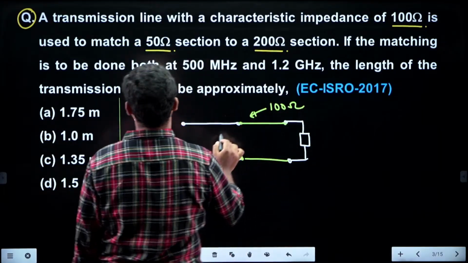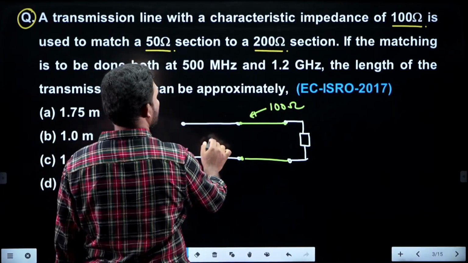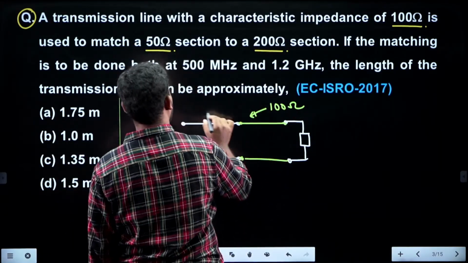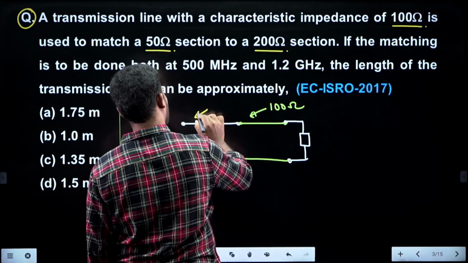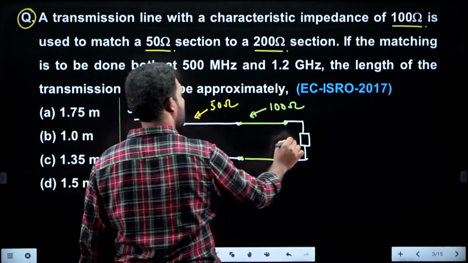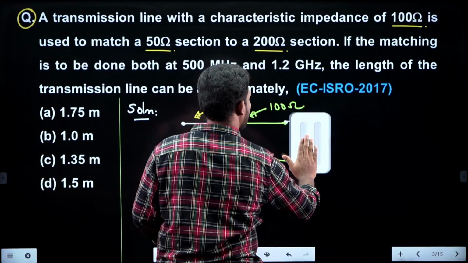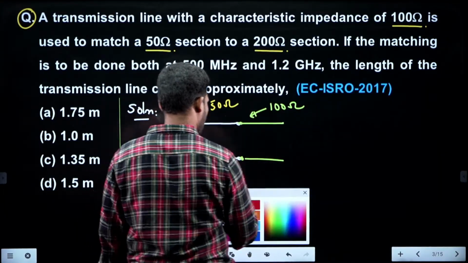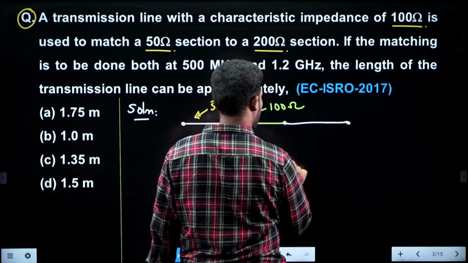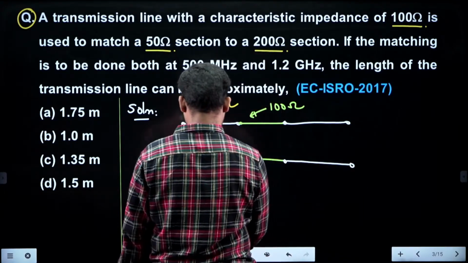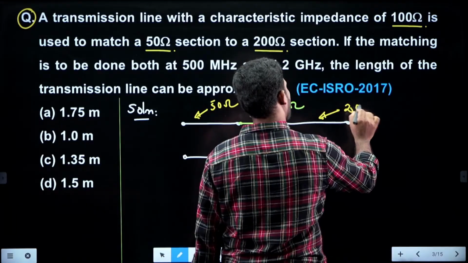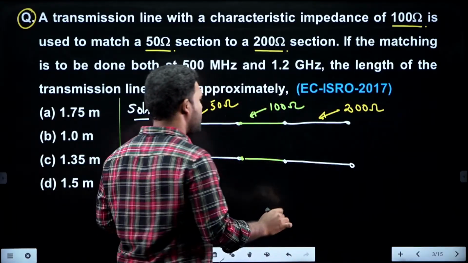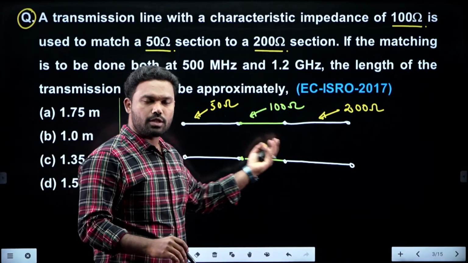This is used to match the 50 ohm section to the 200 ohm section. It is a long length transmission line, and we are using one section to connect the two sections.